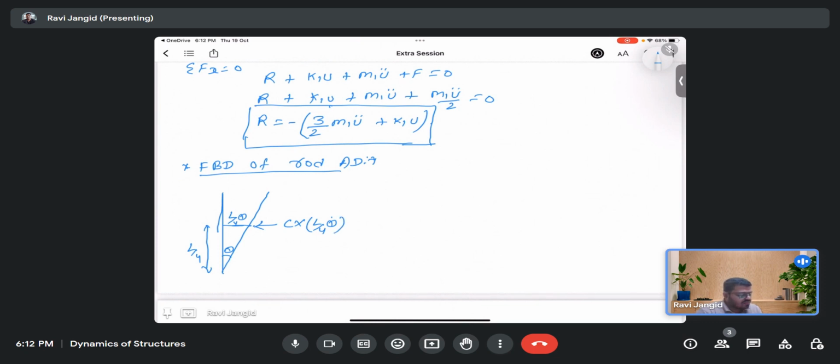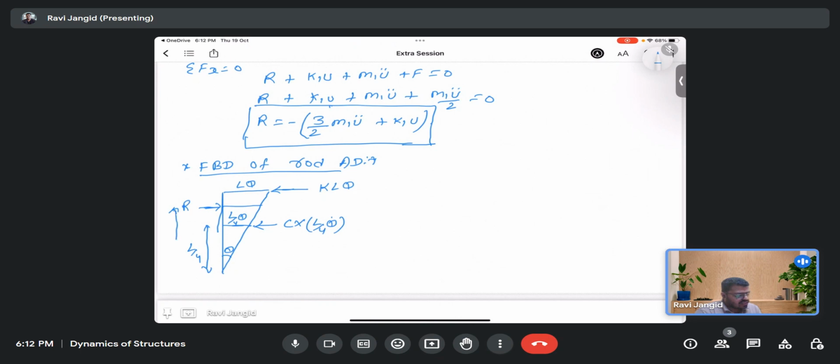Similarly we have applied a force at a height of l, so the deflection is l times theta, and that force becomes k l theta. Similarly we have applied the force R, which comes from the disk, at l by 2.